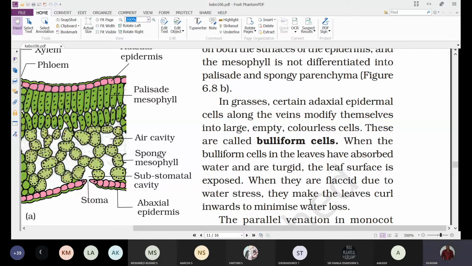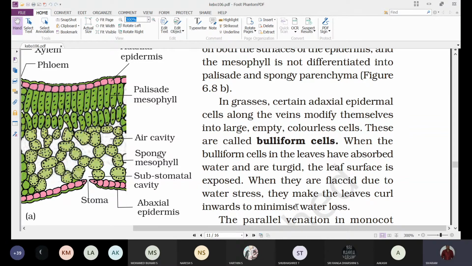These large empty colorless cells which are present below the epidermis of the adaxial surface, and the veins, we are calling the bulliform cells.